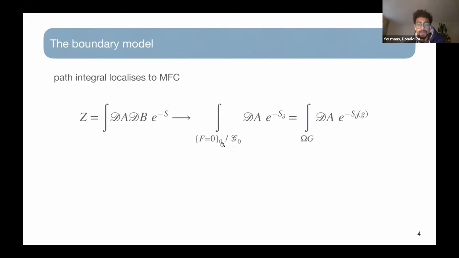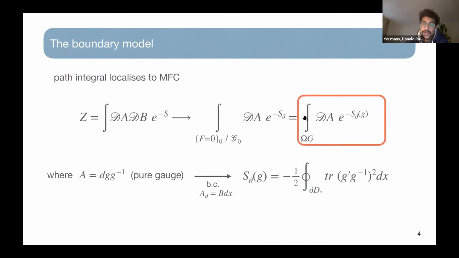We get this moduli space, which we identify with the based loop space, and the action on the boundary, where if we parameterize A by pure gauge and use the boundary condition that A is equal to B on the boundary, just gives us the energy functional of the loop. Or said differently, the particle on a group action. And this is now basically our starting point.